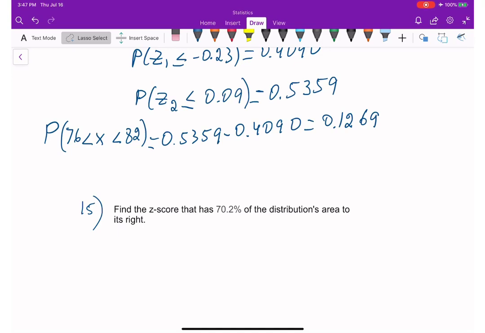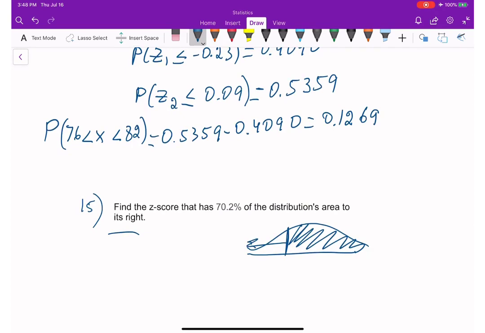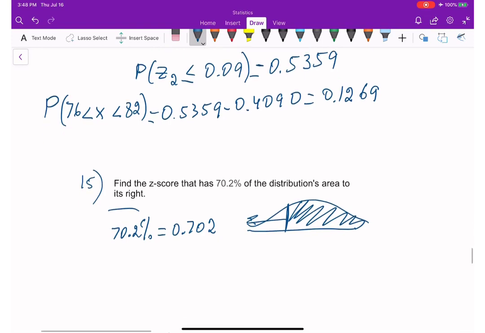It's crucially important: to its right. So 70%, it's going to be somewhere here. We need to find this area first, right? To find this area, first of all, 70.2% in decimal notation is 0.702. Then to find this shaded area, we need to subtract, correct?